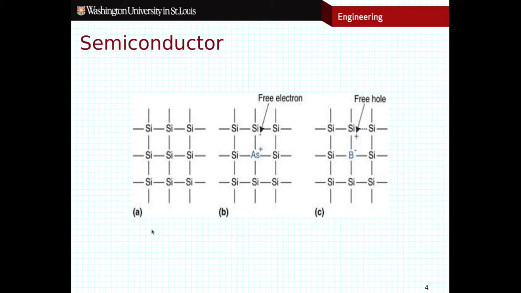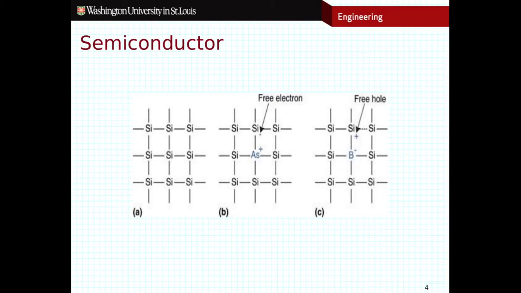And by itself, silicon is not a very good conductor of electricity. To think of a real-world example of silicon, it's in a lot of rocks or sand, right? It's not exactly the same thing, but there's a lot of silicon in those substances. So it doesn't conduct electricity very well by itself.